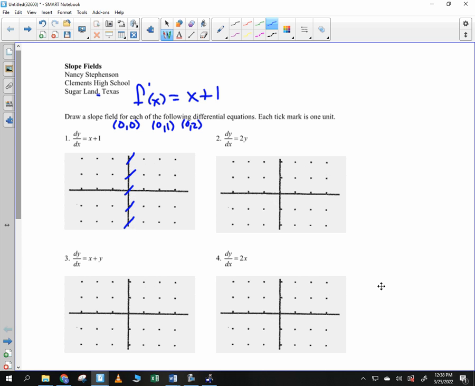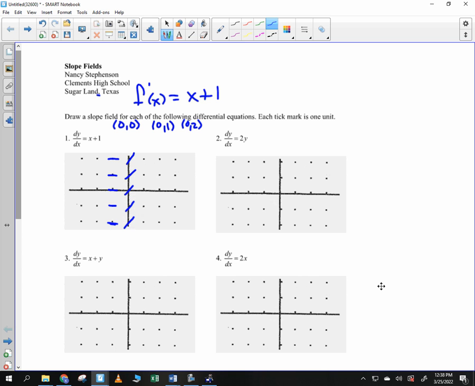Let's move to the left. What are all the x values here? -1. So if you plug in -1, what are you going to get? So therefore, you're going to get a slope of 0 at all those spots. Let's move to the right a unit.